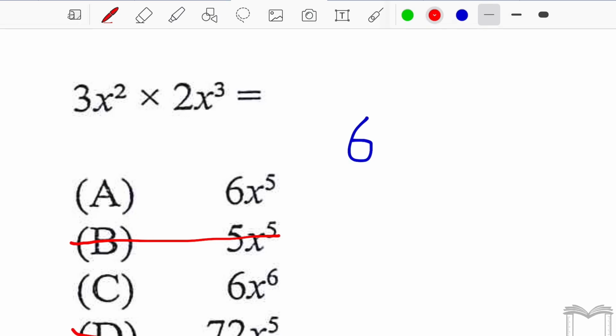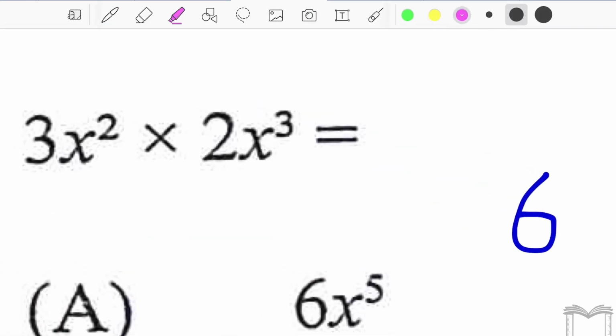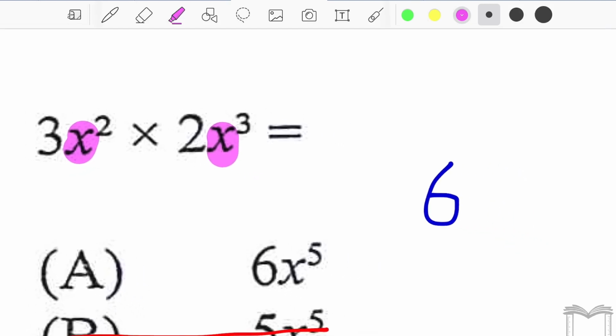So now we have x squared times x cubed. So x being the same base, and we are multiplying same base, different powers. Even if the powers were the same, we have the same base and we are multiplying. So what we do in this case is we add the powers.